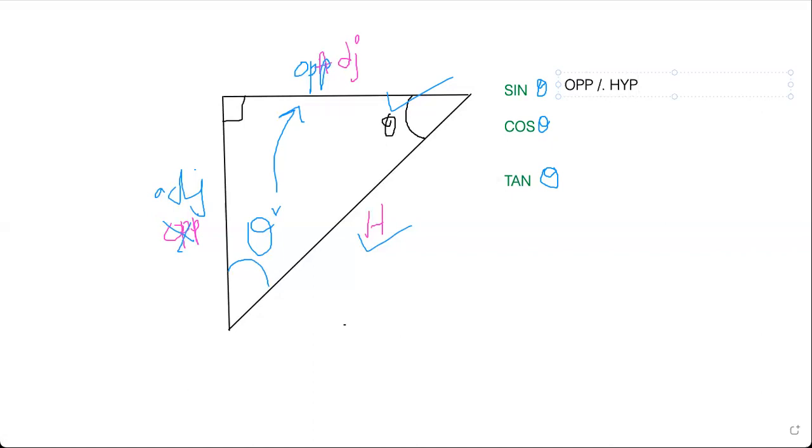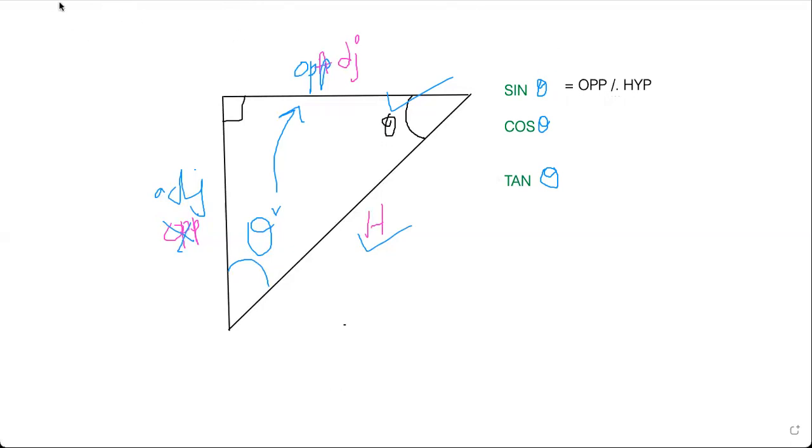This is the sine theta. Sine theta is equal to opposite divided by hypotenuse. The length of the opposite divided by the length of hypotenuse. I mean, if hypotenuse is not given, the opposite is given. So you have to check that if the angle is given, then you can use this formula. I'll tell you how to use the formula. Let me tell you the formula first.